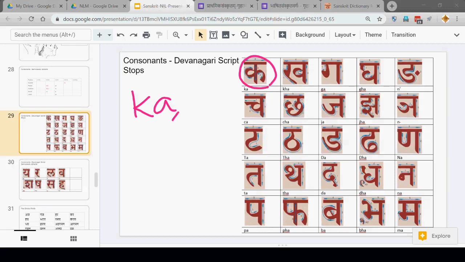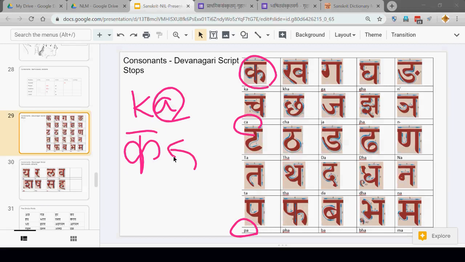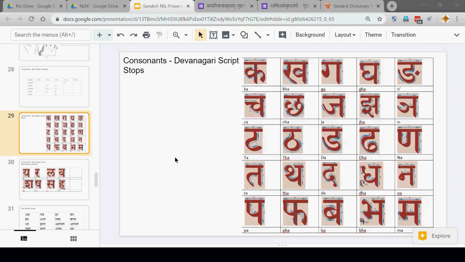So this A shows that the a sound is inherent when I am pronouncing that sound, K. So similarly here, Cha or Pa. So anywhere the a sound is already there. So while writing the Devanagari script, K is written like this, which has the a already there in it.